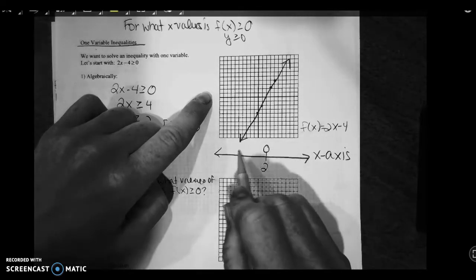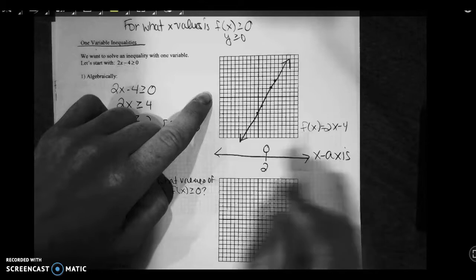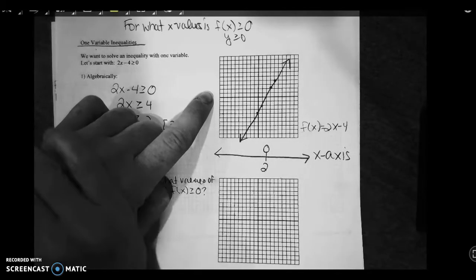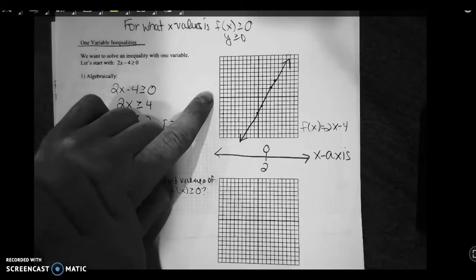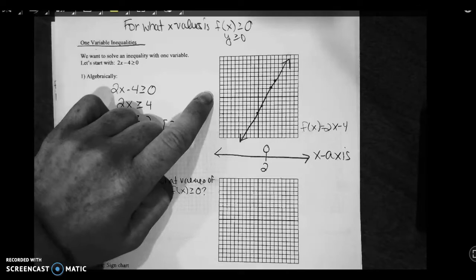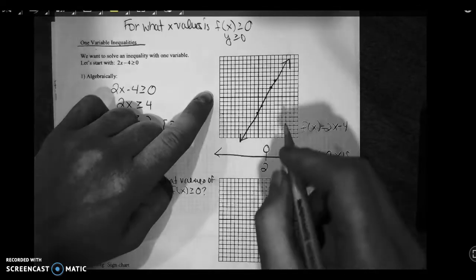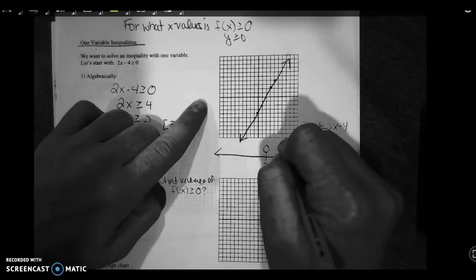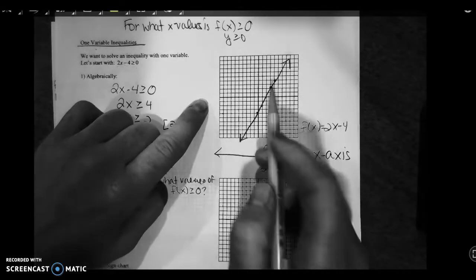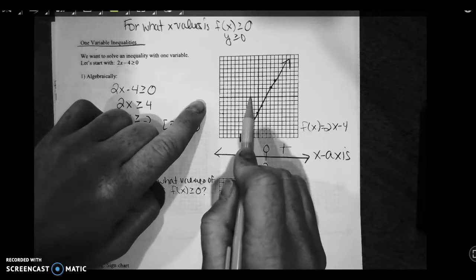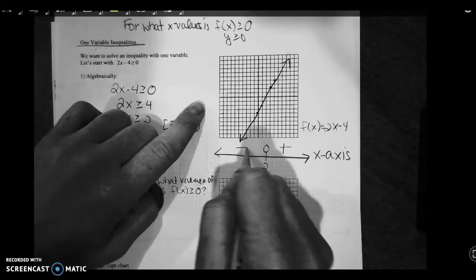This is called a sign chart because you're taking this number line, this x-axis, and you're indicating the sign. When I say sign, I'm talking about positive or negative, S-I-G-N sign. To the right of the x value of 2, what are your y values? They're positive. To the left of the x value of 2, what are your y values? They're all negative.